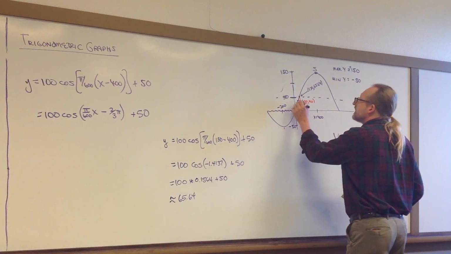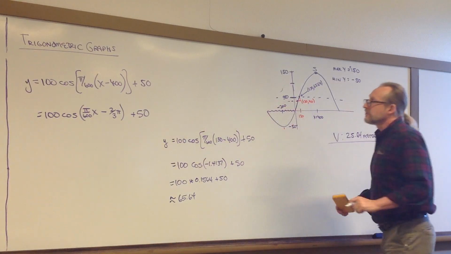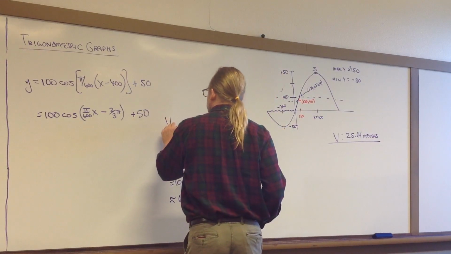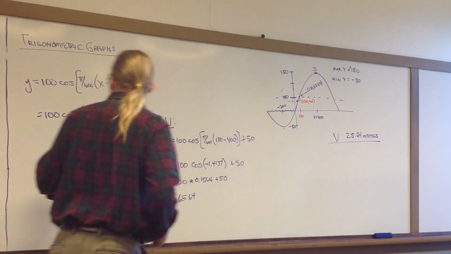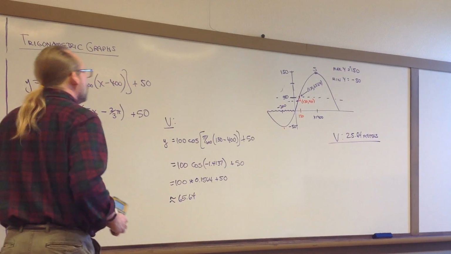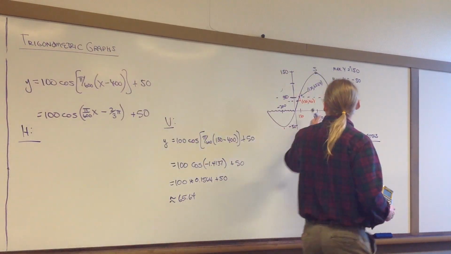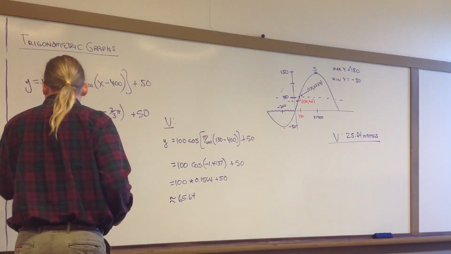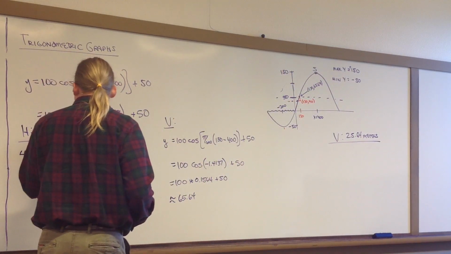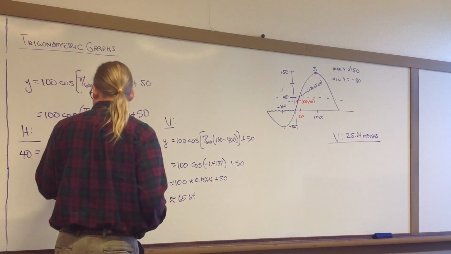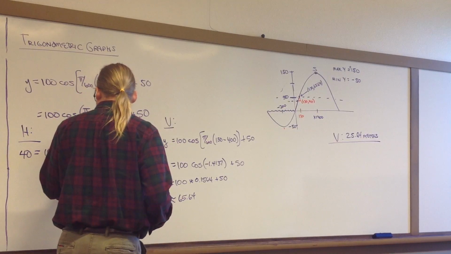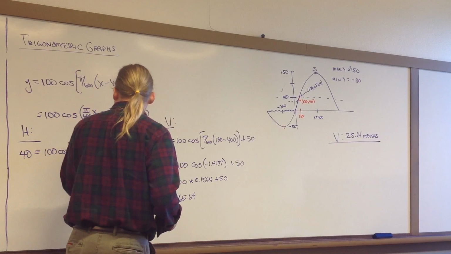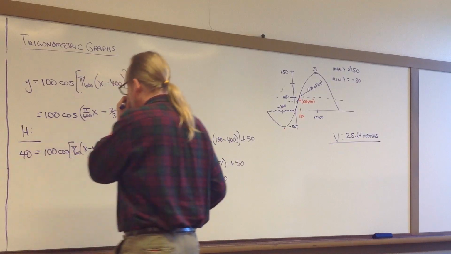Now let's see here. We need to calculate the horizontal one. So let's see what that looks like. This is the vertical one. So the horizontal one is where y is equal to 40. So we'll put that in for y. Got our cosine pi over 600, x minus 400, plus 50.